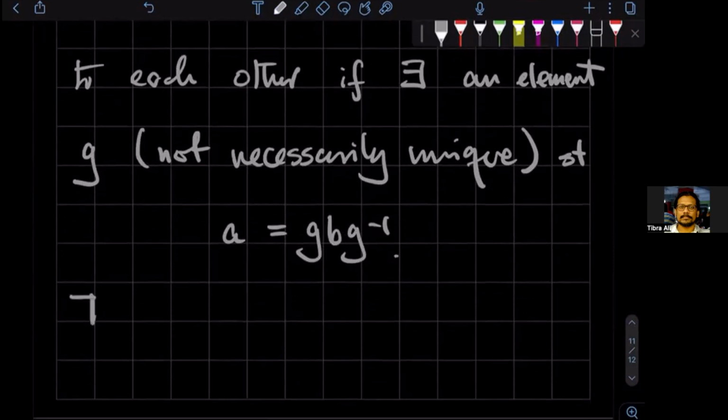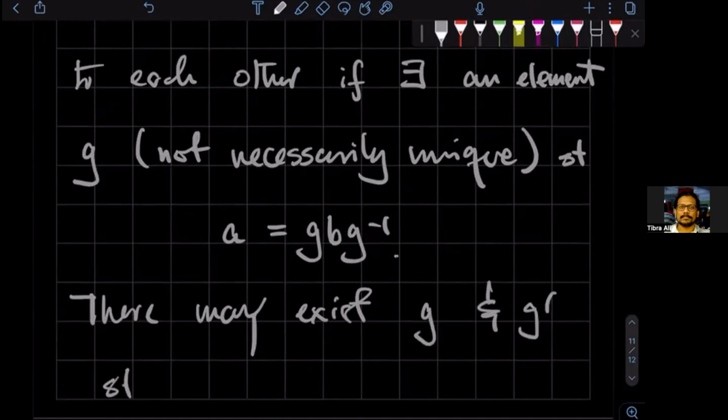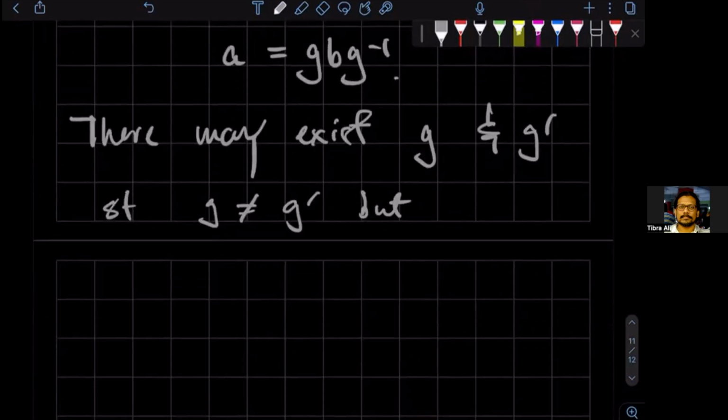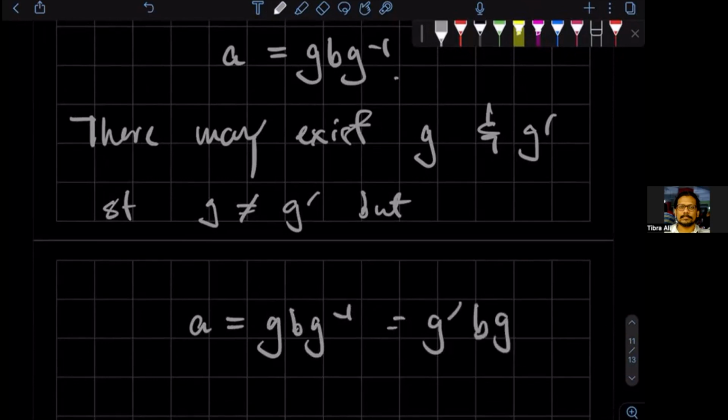There may exist, and a lot of time it does, G and G prime such that G is not equal to G prime, but A equals G B G inverse, as well as G prime B G prime inverse.